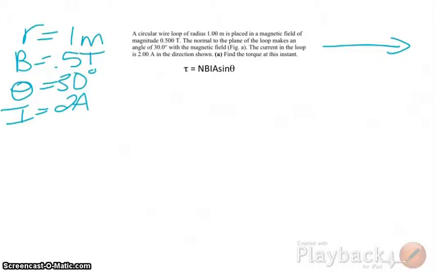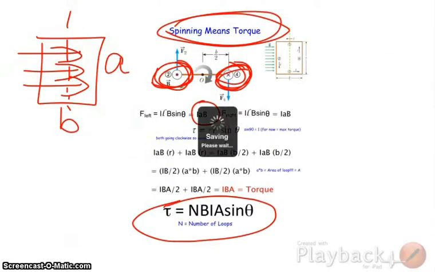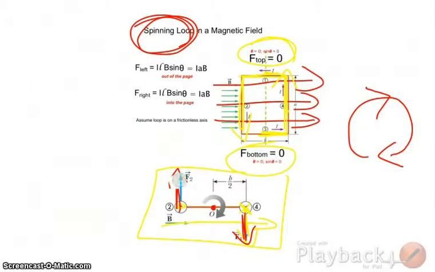So, if I go back and look at the picture, let me find a picture that I can use. Alright. Now I'm looking to see if my angle should be 30 or if it should be 60. Magnetic field, the normal makes an angle of 30.